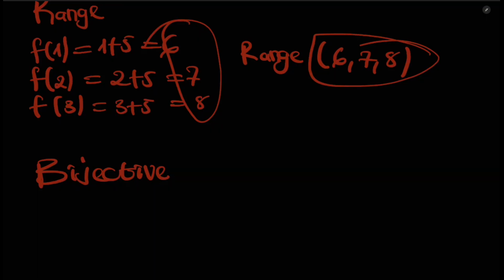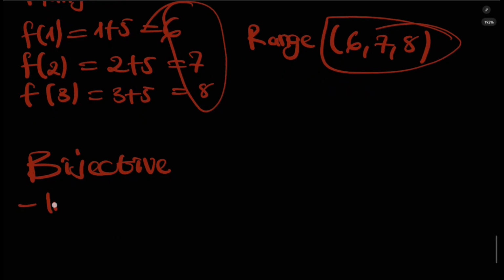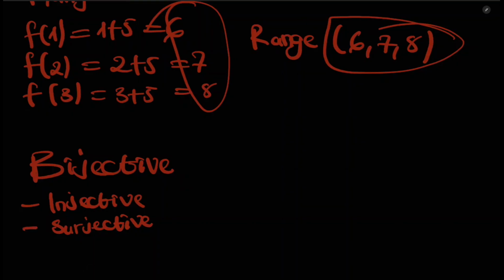So when given a function, when they say determine if it is bijective, we need to know that for bijectivity, it has to be both injective and surjective. So we are going to determine injectivity and then we determine surjectivity when given a function.